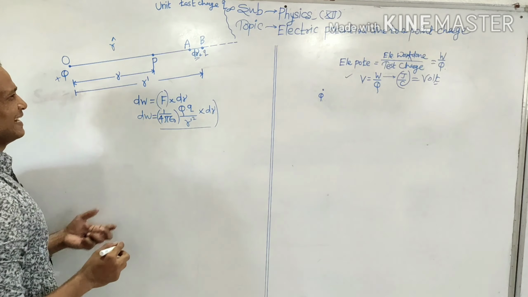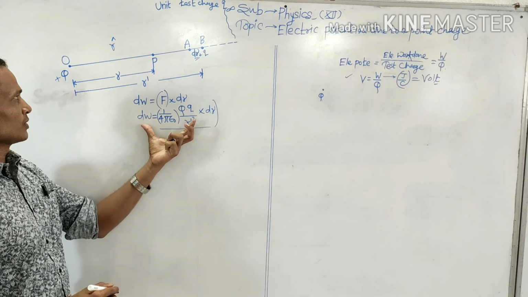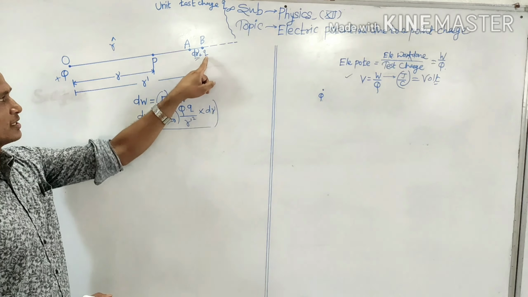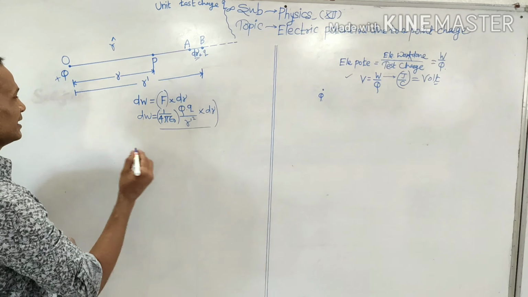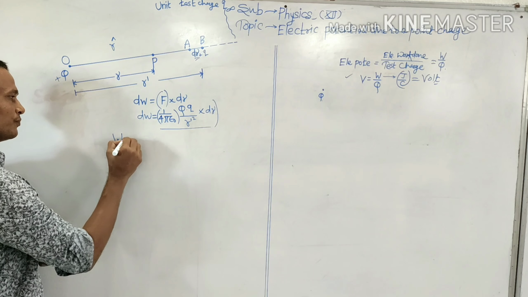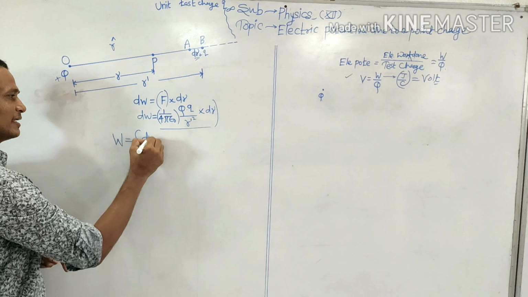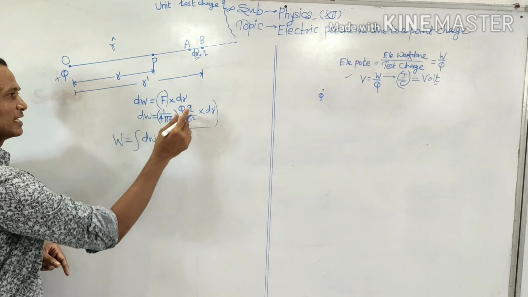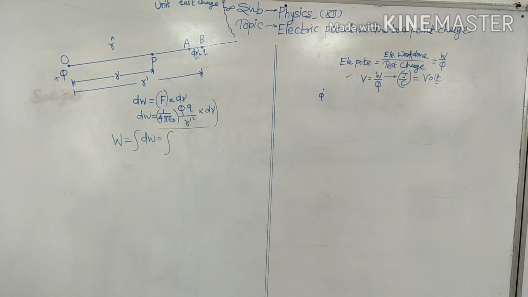Now, what is the net work? If you wish to position this Q at a point P, that is the total work done, which we get by integrating all that small work done. So let's keep this and proceed further. Let's place the value of work done over here.